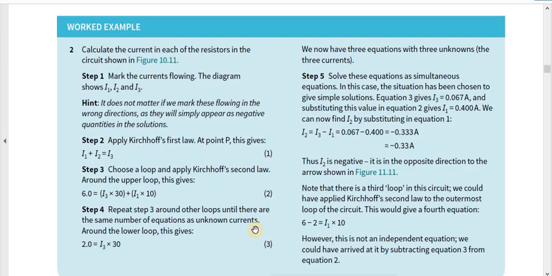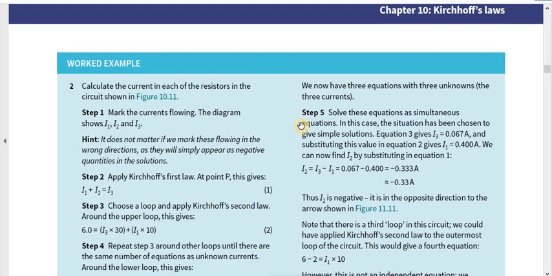Now in order to find unknowns, the number of equations should be equal to or greater than the number of unknowns. If you have the number of equations less than the number of unknowns, then you would not be able to find the unknowns. Okay, so let's go to the second loop.